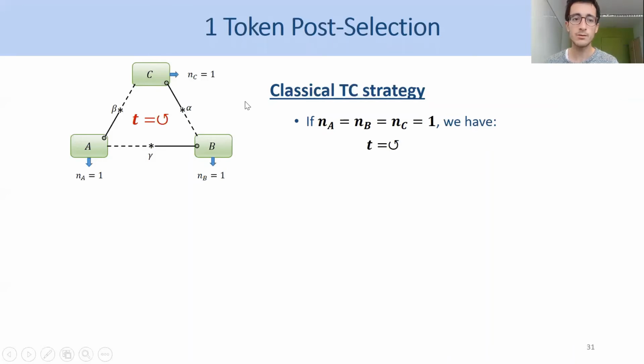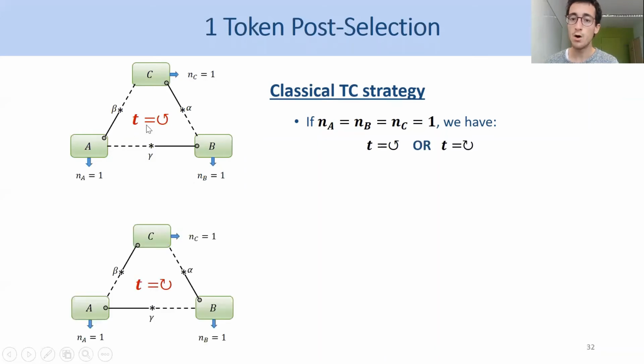So in this case, you see that if all parties obtain 1 token, you have 2 choices. Either gamma went to Bob, alpha went to Charlie, and beta went to Alice, so the token turned in this direct way, or the token turned in the anti-direct way. So I have this classical state when I post-select over 1 token per party.